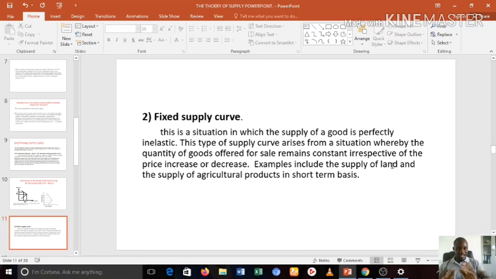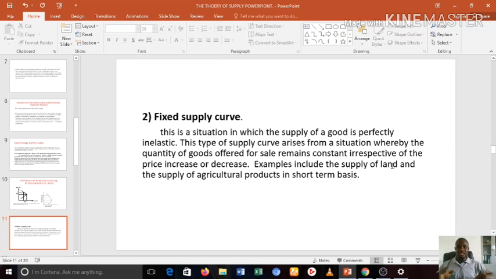If there are maybe 2 hectares of land in Ekondotiti for sale, no matter the price, that land remains there. Are you understanding? That means no matter the price change for land, whether the price for that land increases or decreases, the land is already available in the market. It is constant. It is geographically immobile.